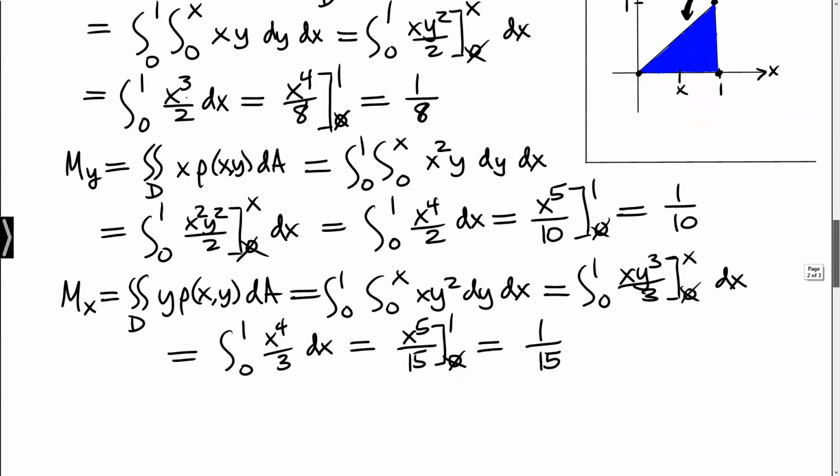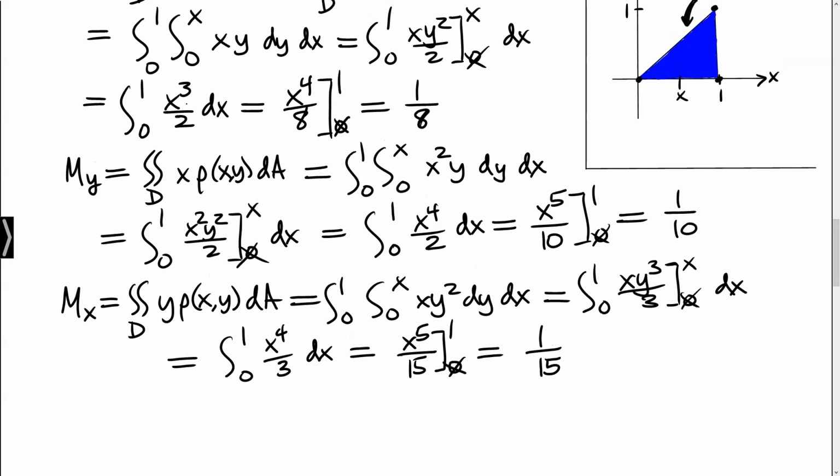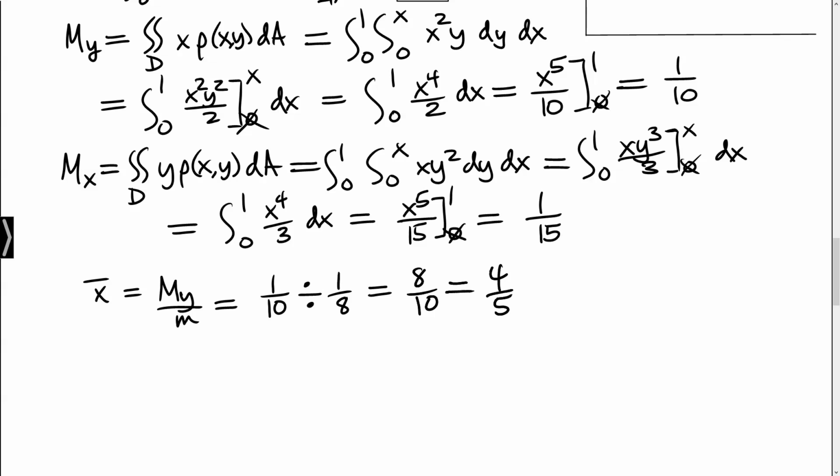So now we can put everything together. Actually, let me go up here and let me box the total mass. All right, now let's go and figure out the center of mass. So x bar is m sub y over little m. So that's 1/10 divided by 1/8. All right, that's 8/10, 4/5.